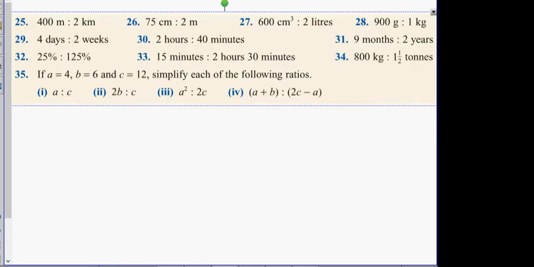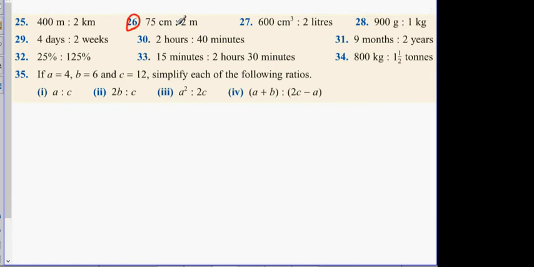Moving on. For the most part, these questions are easy, but where you might get caught out is what's called conversions. For example, number 26, centimeters aren't comparable to meters. You've got to change meters into centimeters. 1 meter equals 100 centimeters, 2 meters equals 200 centimeters.